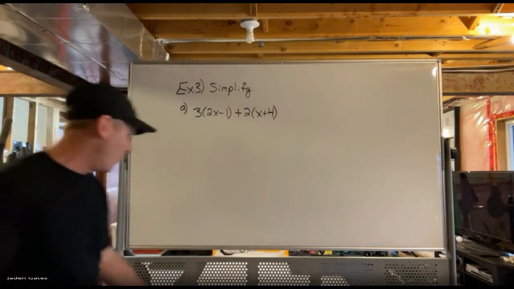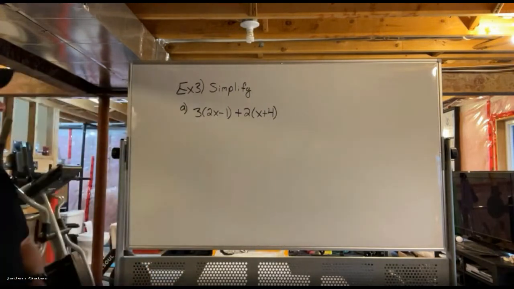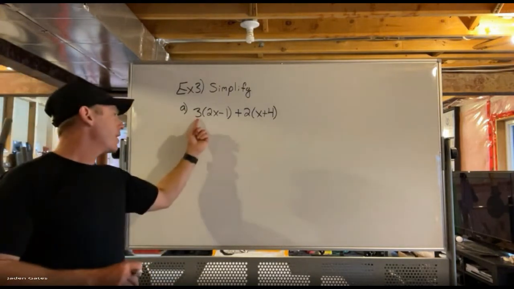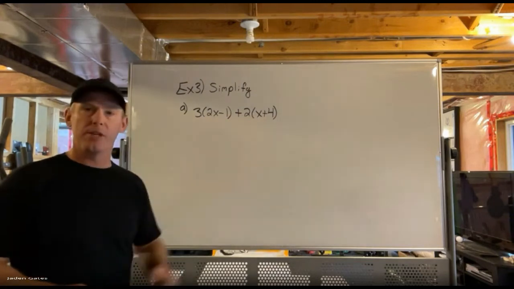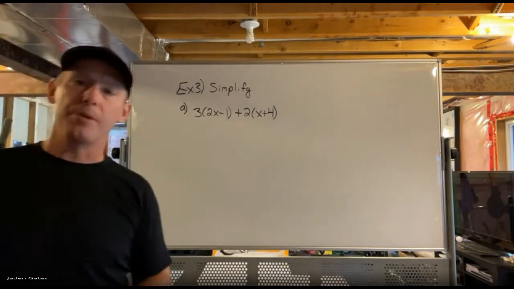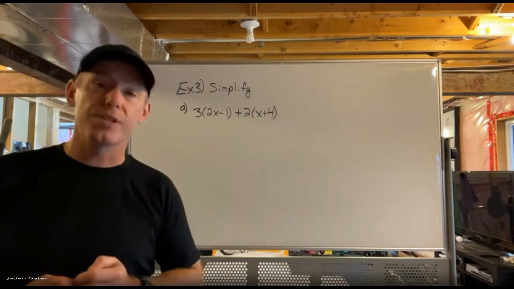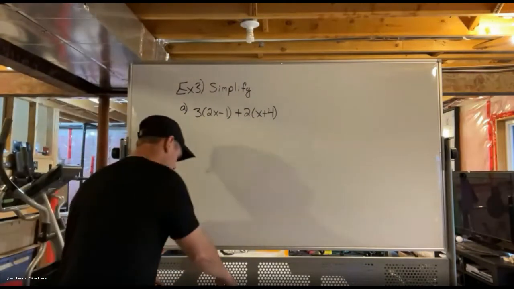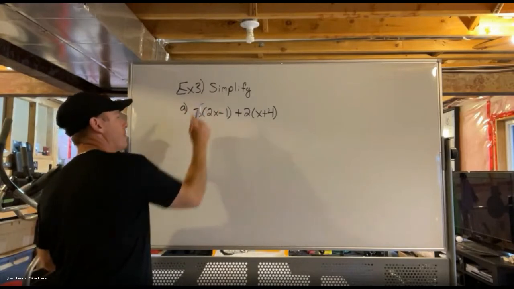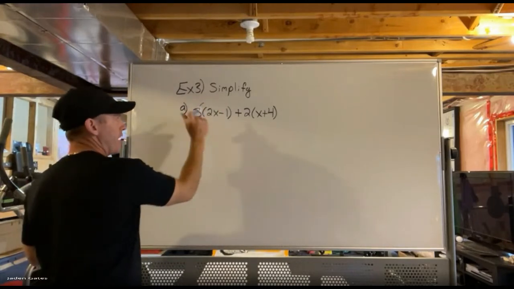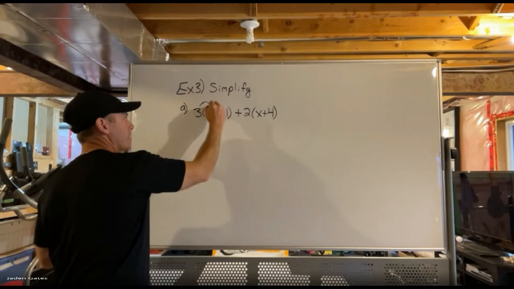All right, so what is going on in this situation is that we have this term 3 in front of this bracket, and we have this 2 in front of this bracket. So what's going to happen here is we're going to have 2 separate rainbow rules. So I'm going to have to take this 3 and multiply it by everything in just this bracket. So 3 times 2x.